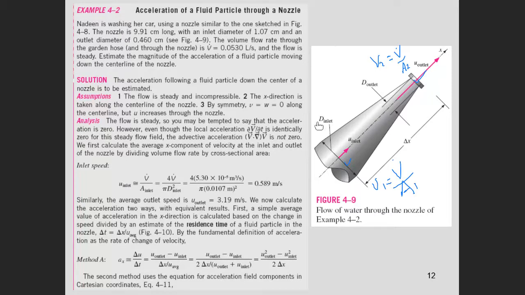You can get the velocity because you have the volume flow rate and you have the area from the diameter, at the inlet and at the outlet. So you can calculate V1 and V2.